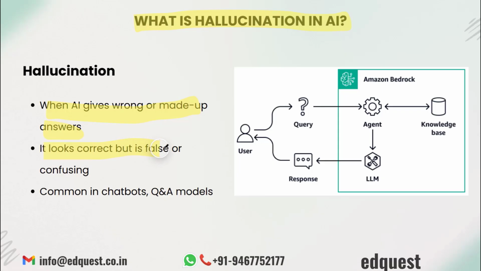For example, if you ask who is the Prime Minister of India in 2025 and the AI replies Elon Musk, that is a hallucination. This usually happens when the AI doesn't have updated or accurate knowledge. And that's exactly what RAG is built to fix, by helping AI retrieve real facts before generating answers.